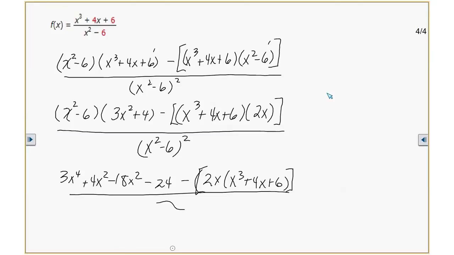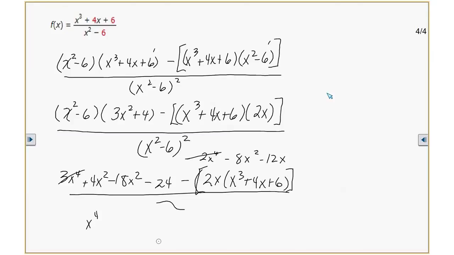And that negative is going to make this negative 2x to the fourth minus 8x squared minus 12x. Y'all check me on that. Distributed the negative 2x plus 3x to the fourth minus 2x to the fourth is x to the fourth. All right, 4x squared minus 18x squared is negative 14x squared.